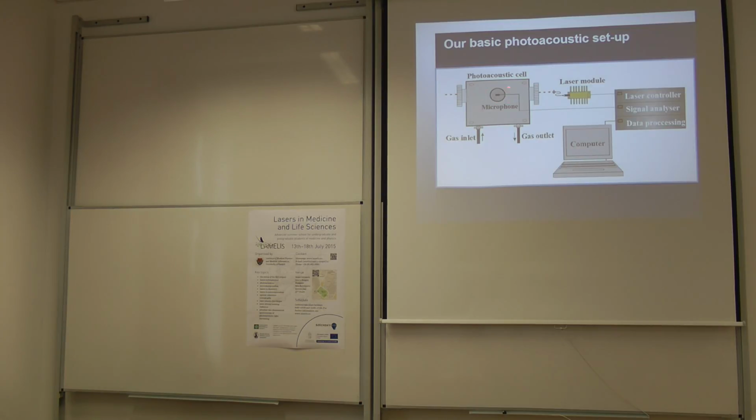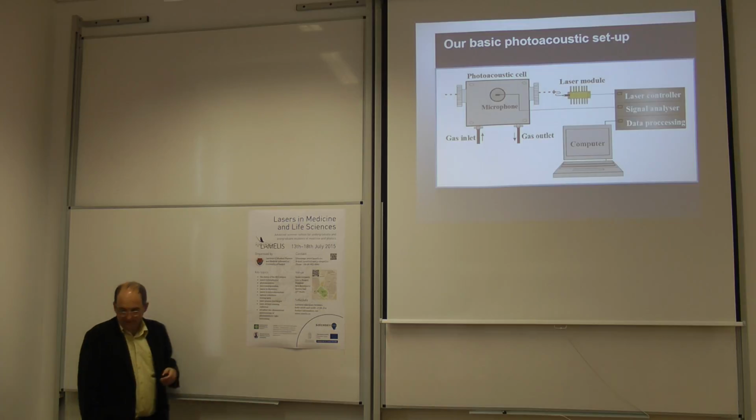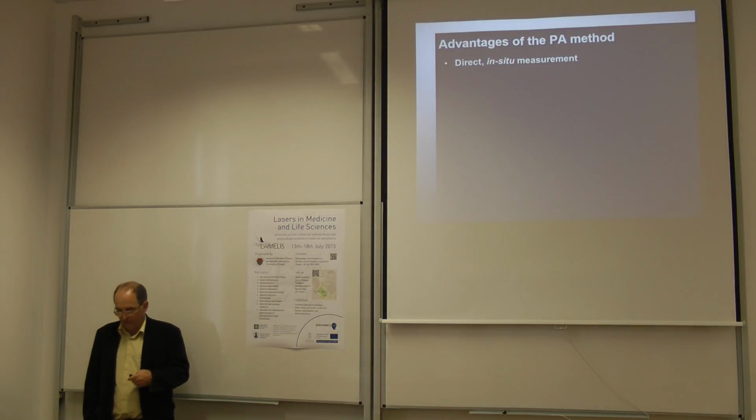You have a microphone in the middle of the cell which senses this pressure variation, and then with the appropriate electronics you can control the laser, measure the microphone signal, and calculate the photoacoustic signal, which will be in relation with the concentration of the measured molecules.